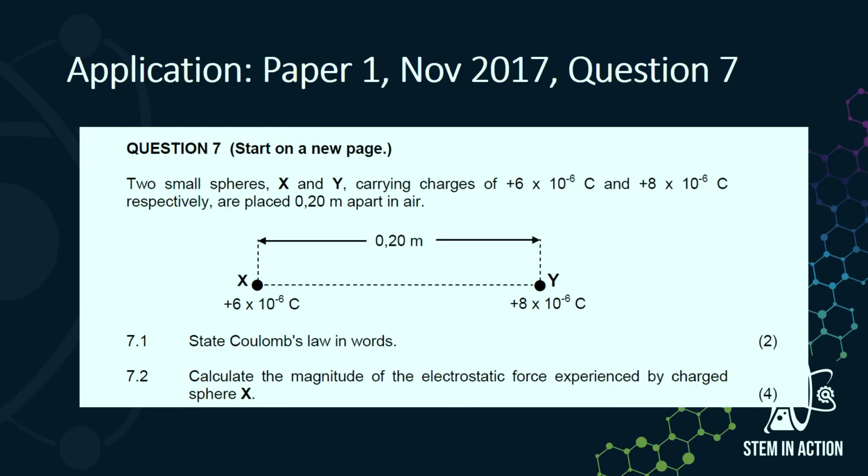So we're going to look at some application questions. And our first question is going to be paper 1 November 2017, question 7. It says two small spheres, X and Y, carrying charges of positive 6 times 10 to the power of negative 6 coulombs and positive 8 times 10 to the power of negative 6 coulombs respectively, are placed 0.2 meters apart in air.